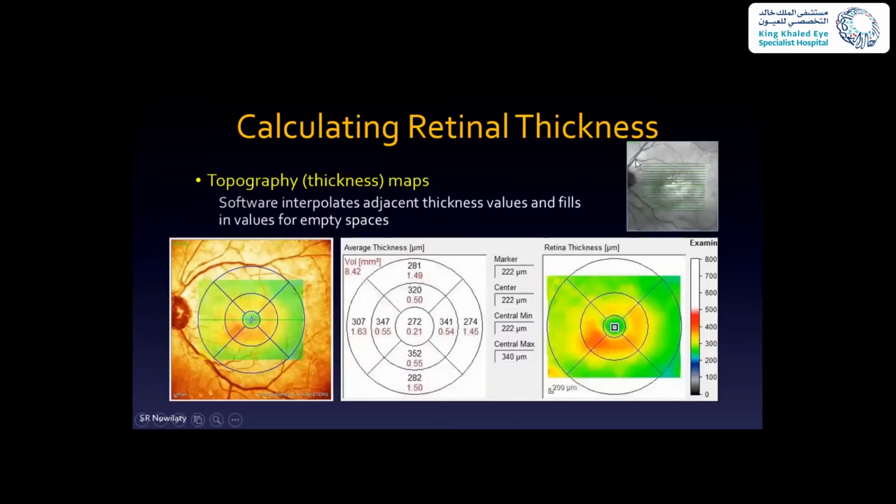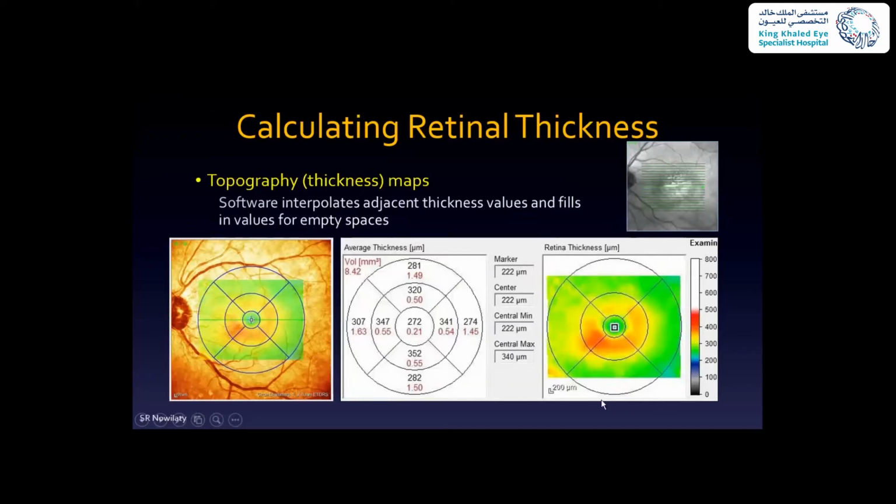Now, we said that the machine is going to do all these lines, generate a map, and generate the thickness, and this is what a map looks like. You have an SLO rendering of the en face of the macula, and this is the limits of the scans. This is where the lines took place. This is color coded for easier understanding.